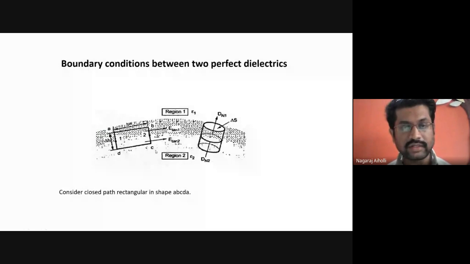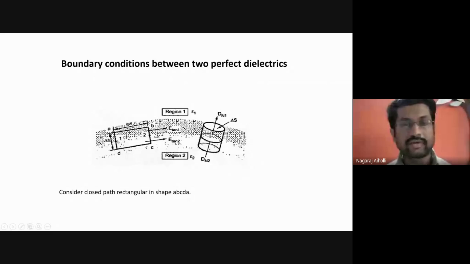Component of E is E tan 1, and this I can write as integral A to B E bar dot DL bar is equal to, and the surfaces A to B and C to D are almost constant surfaces because the region is very small, the area is very small. Hence I can consider the surface A to B and C to D as constant surfaces. If I consider A to B as a constant surface, then E tan 1 is constant on this surface, and hence I can take E tan 1 outside the integral.